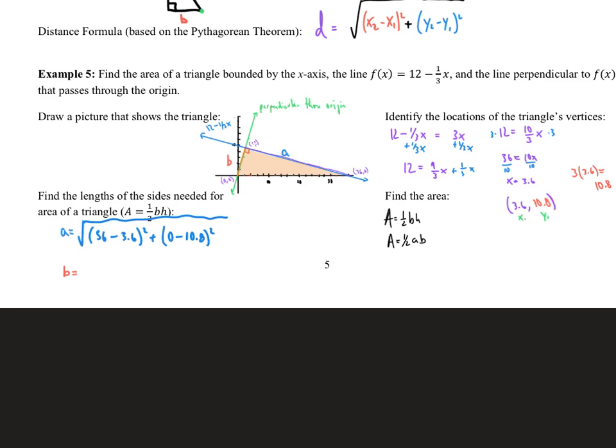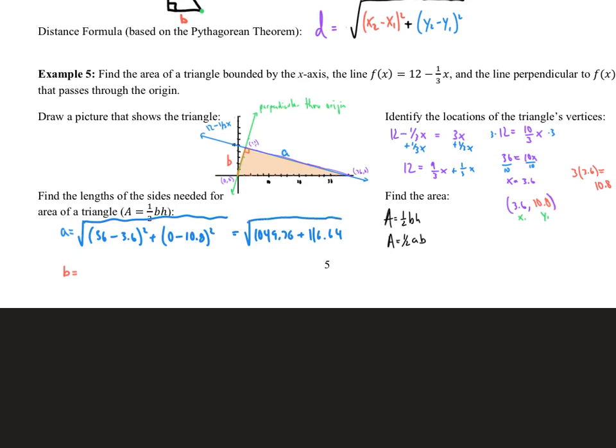36 minus 3.6 is 32.4. 32.4 squared is 1,049.76 plus, and then 0 minus 10.8, of course it's negative 10.8. 10.8 squared is 116.64.